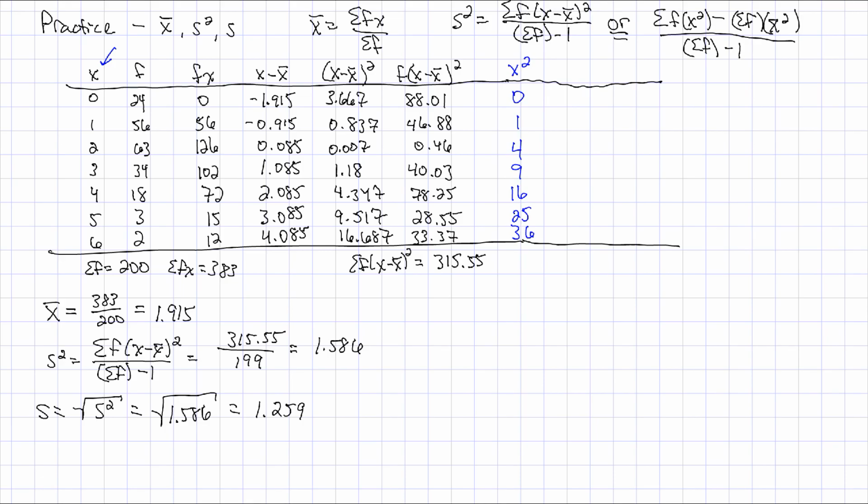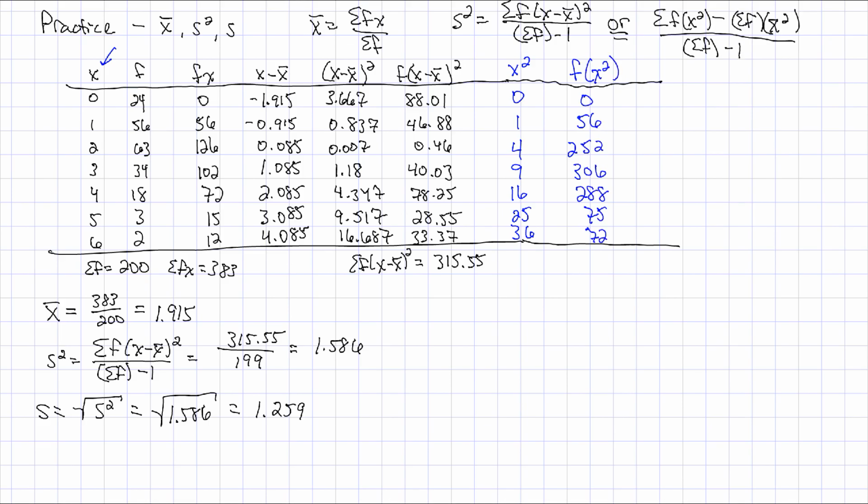So if we take all of our x's and square them, they appear however many times the frequency column states. So we take this x squared value and multiply it by the frequency to get the f x squared values. So 252, 306 for this, 288, 75, and 72.